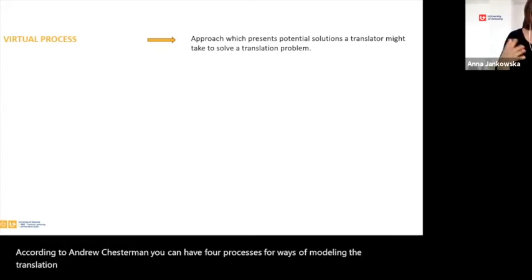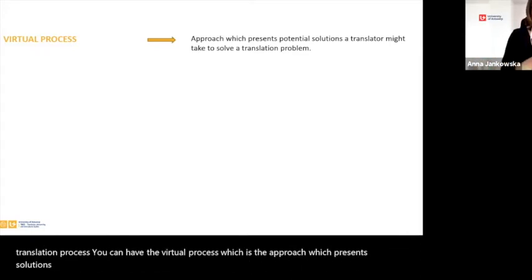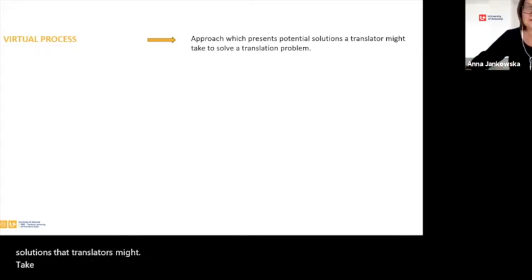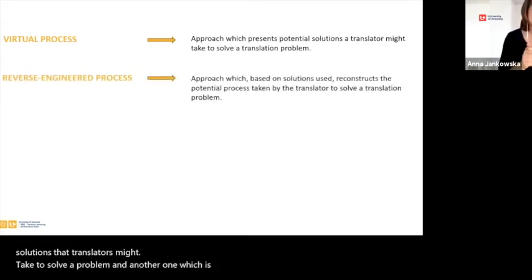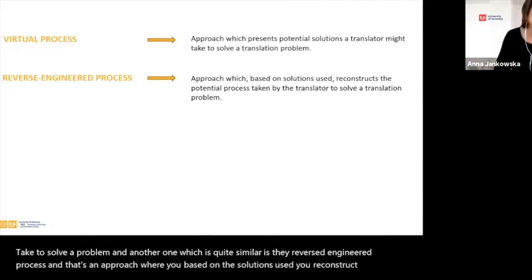You can have the virtual process, which is the approach which presents solutions that translators might take to solve a problem. And another one, which is quite similar, is the reverse-engineered process. And that's an approach where, based on the solutions used, you reconstruct the potential process taken by the translator.